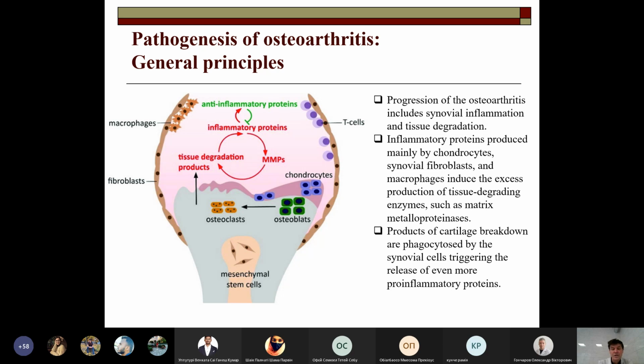inducing the accumulation of pro-inflammatory changes in the collagen matrix and the so-called extracellular matrix.